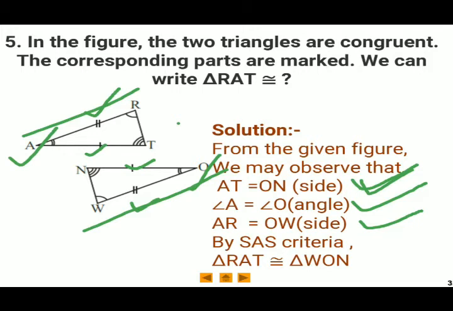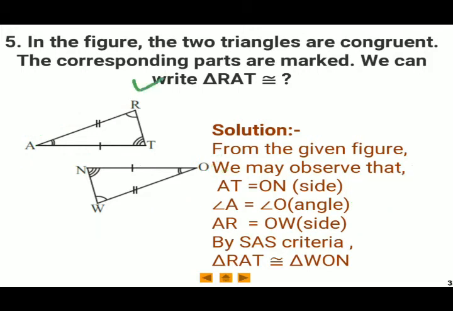You have to see that where you are writing R, there you have to write the corresponding W. So here you can see W, then here R, then here W. After that, here you can see A, then here O, because the angles A and O are equal. So you write RA, then WO.